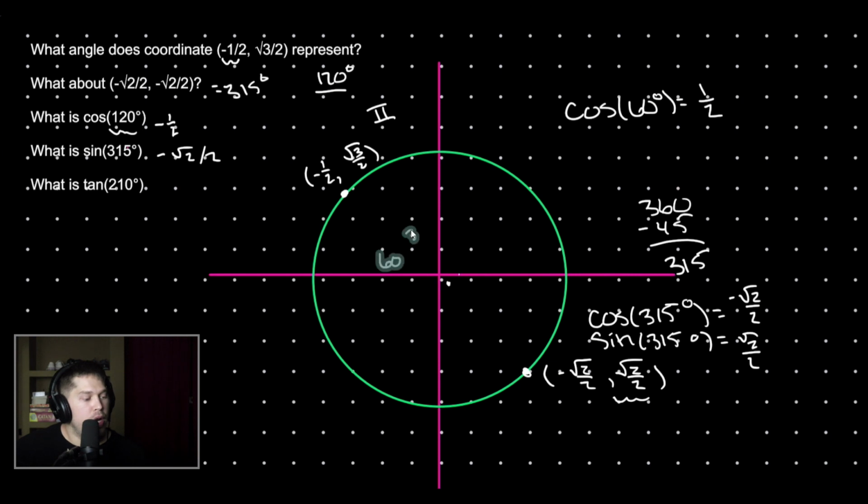Okay, so where would 210 degrees be? Well, we know that this would be 90 degrees, this would be 180 degrees, and then 180 plus an additional 30 degrees takes us to 210. So here we're in the third quadrant, where this little bit here is 30 degrees.